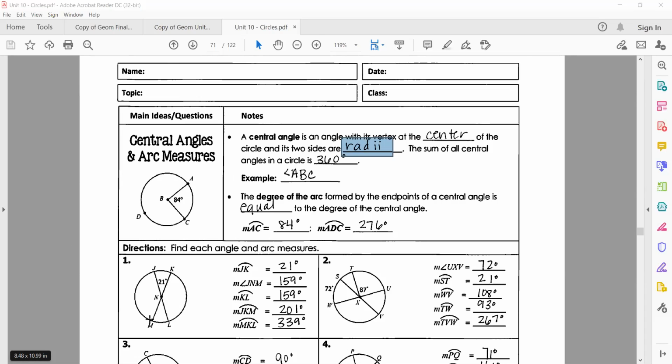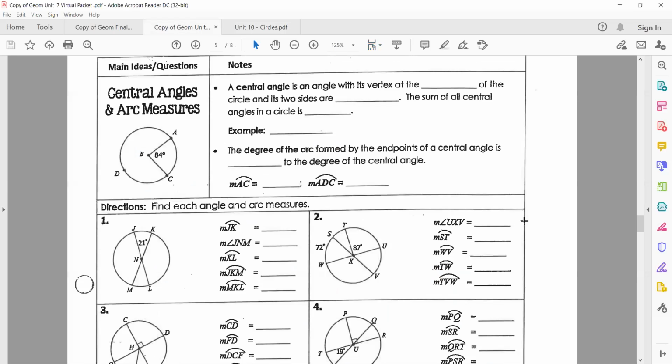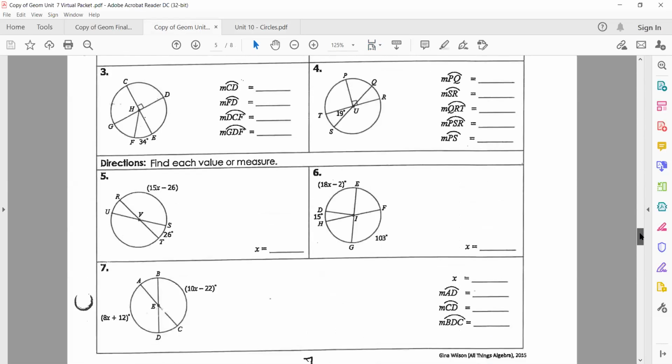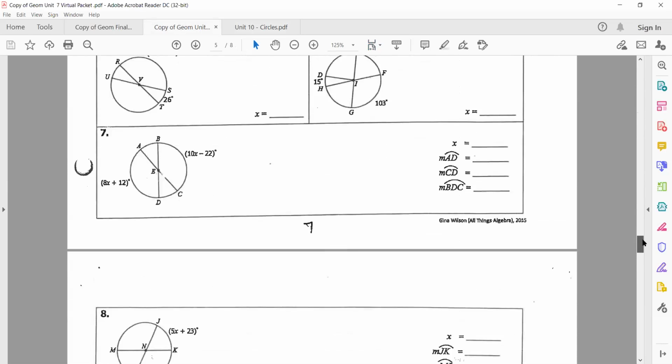You can have multiple radii. In number 2, we got WX, we got SX, we got TX, we got UX, we got VX. Those are all radii. Half of the circle, half the distance across the circle through the center. Strange word, but it's necessary.